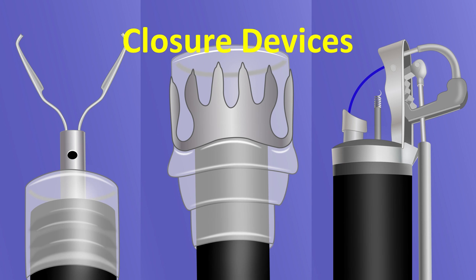So when it comes to closure devices, we have three types: through the scope clips, over the scope clips, and over the scope suturing device. Let's talk about each one of these.